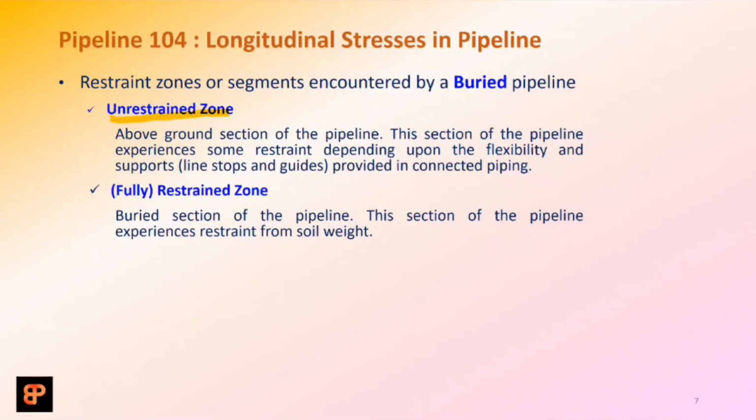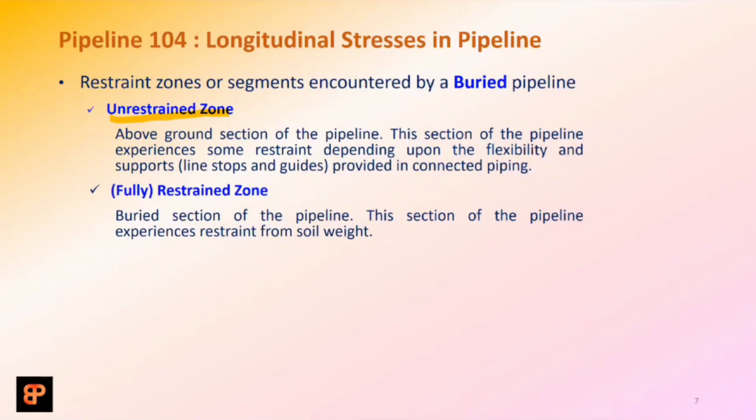When the forces acting for the displacement of the pipeline in the longitudinal direction exactly match the friction factor times the weight of the soil, then we can say that the soil weight exactly balances the movement of the pipeline, and this is called the fully restrained zone.